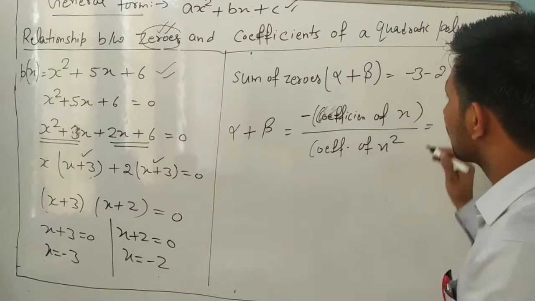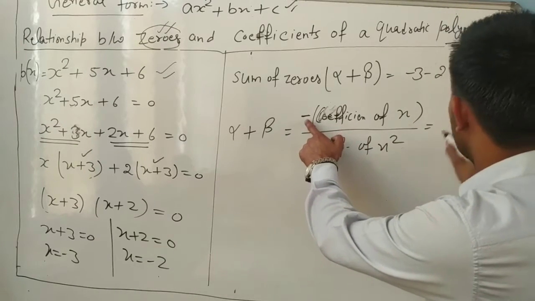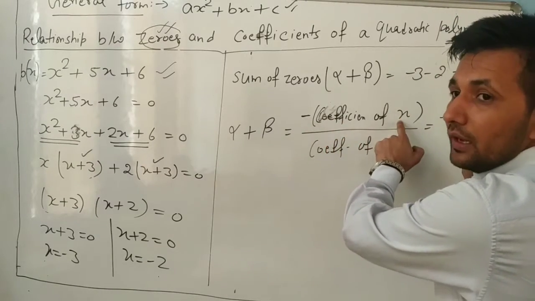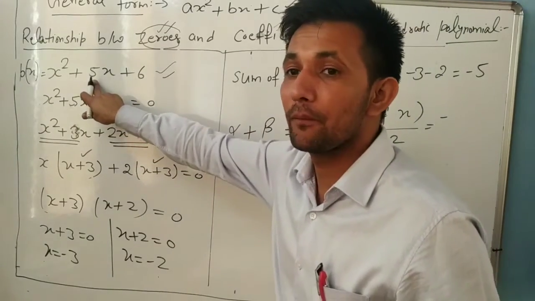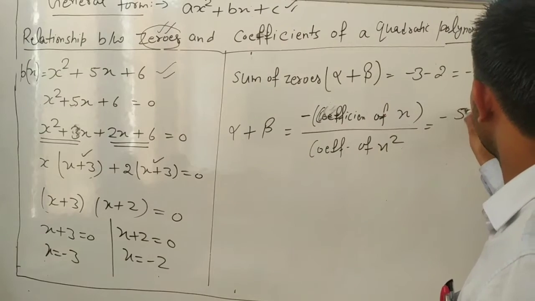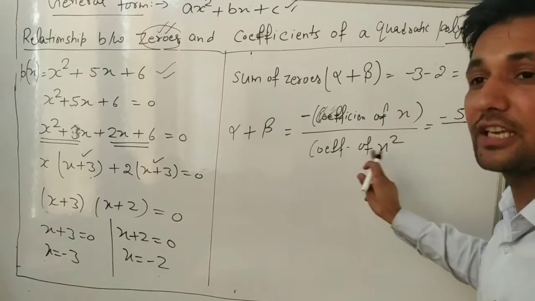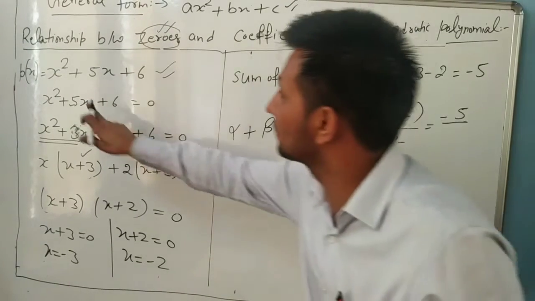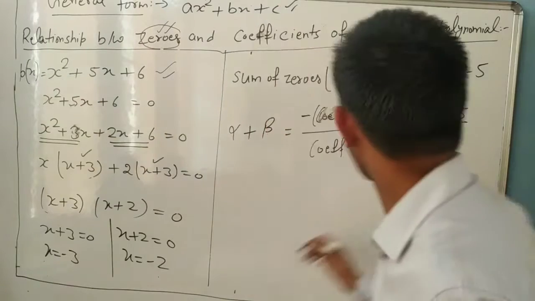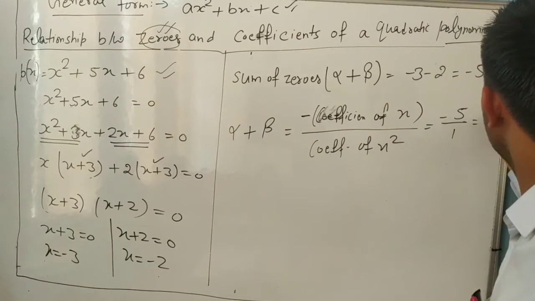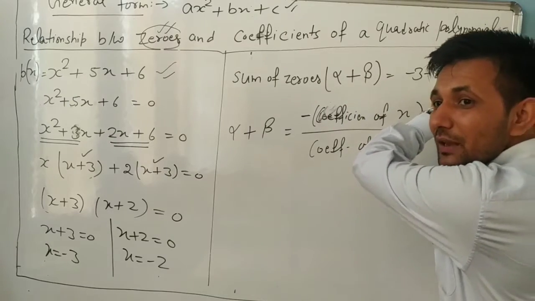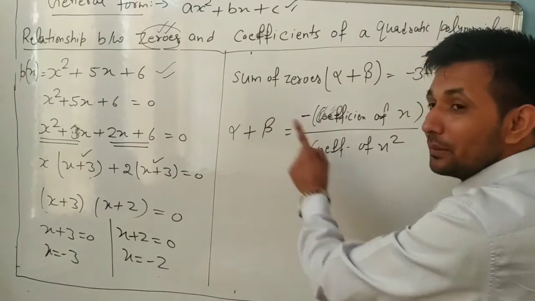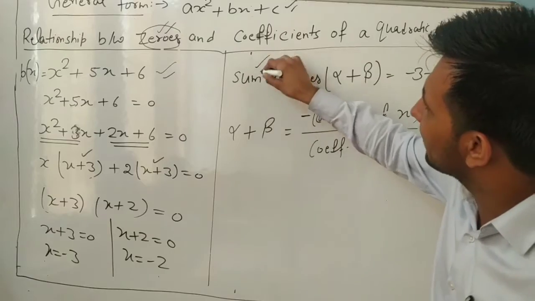Look at the minus sign, coefficient of x. How much is the coefficient of x? 5. So -5, divided by the coefficient of x square. How much is the coefficient of x square? 1. -5 divided by 1. Yes, the sum of zeros is -5.